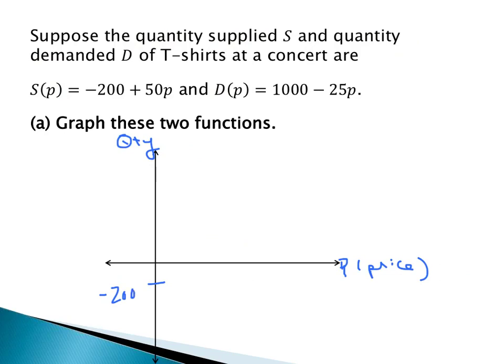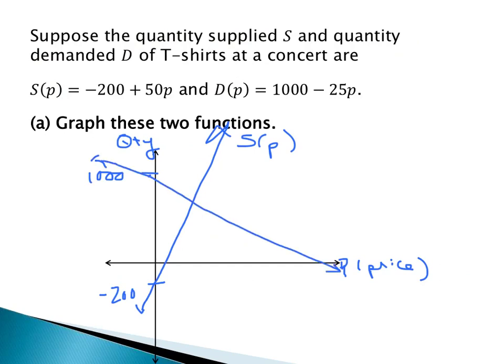Take the first for supply, it's negative 200, S of P. And then the demand function has an intercept of 1,000. They're at 1,000.